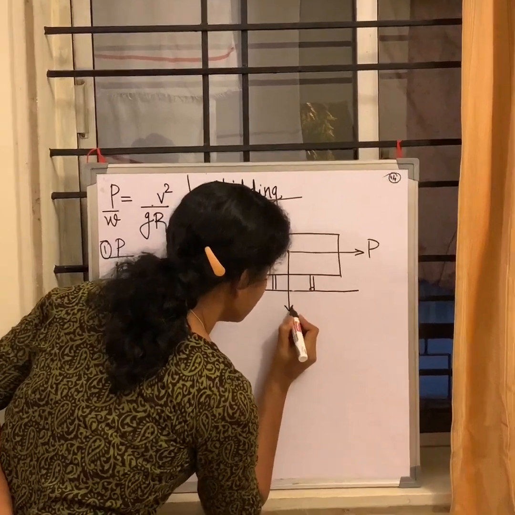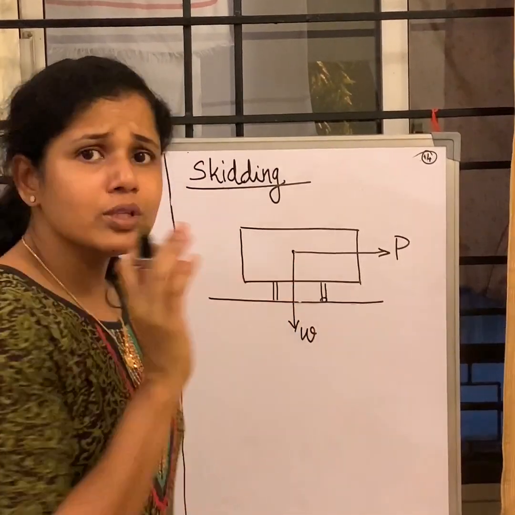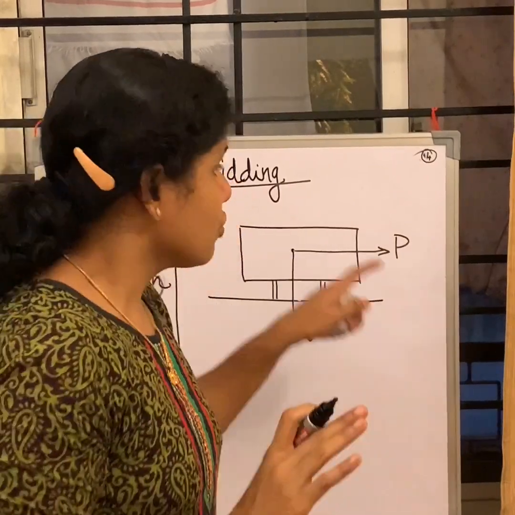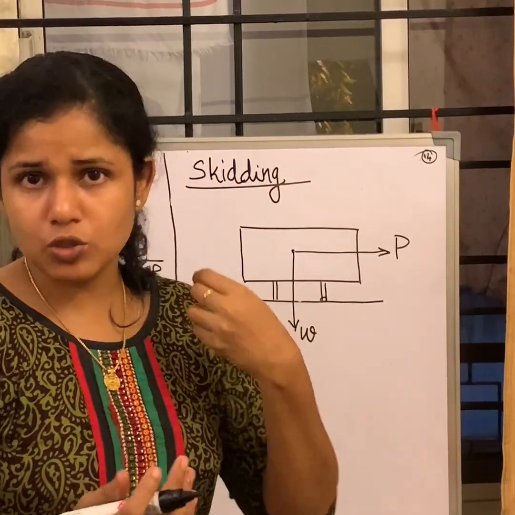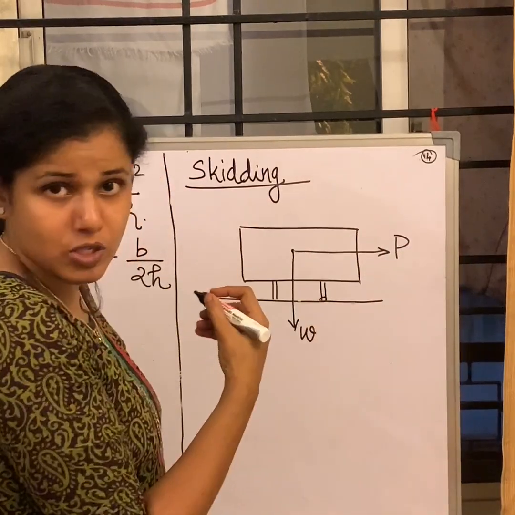So I'm drawing its weight vertically down. Now we all know that frictional force develops. Friction means what? It's always opposite to the motion. So P is the force in this direction, and friction will be in the opposite direction.